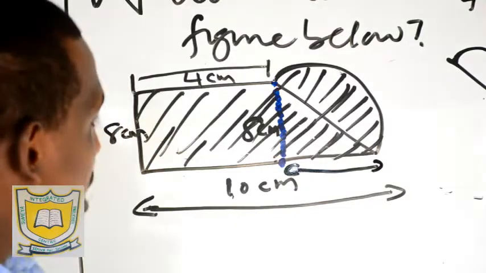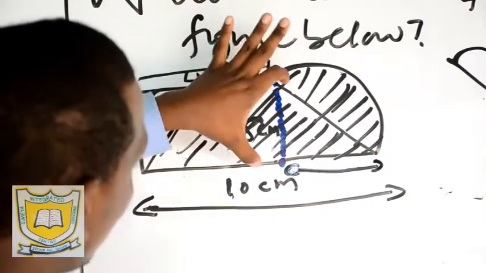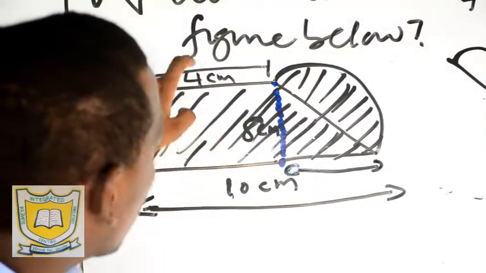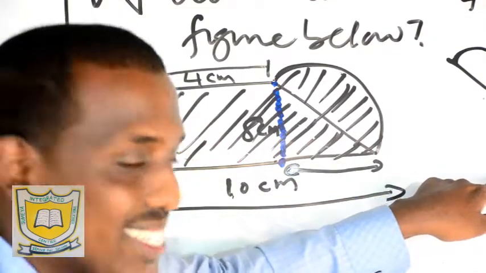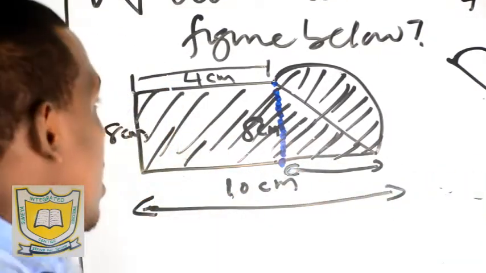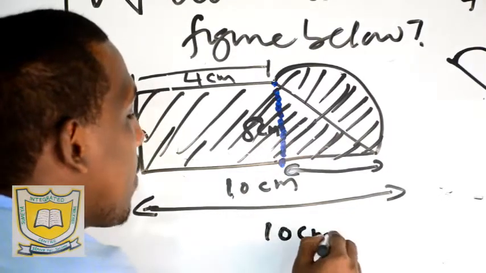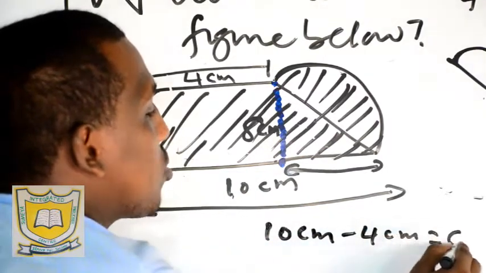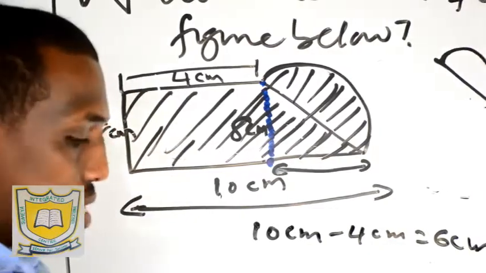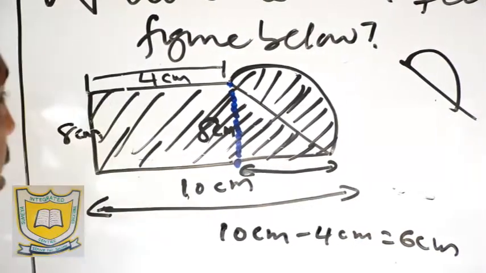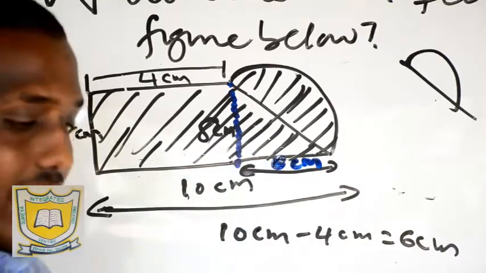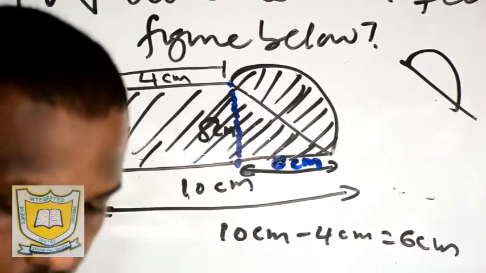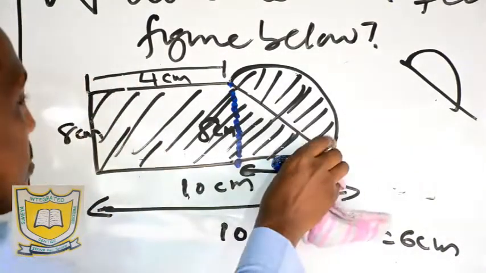This rectangle, the length of this rectangle is 4. So here is 4, here will be 4. But the whole of this line up to the end is 10. What is remaining? We say 10 centimeter minus 4 centimeter, which is equal to 6 centimeter. So this line is 6 centimeter.